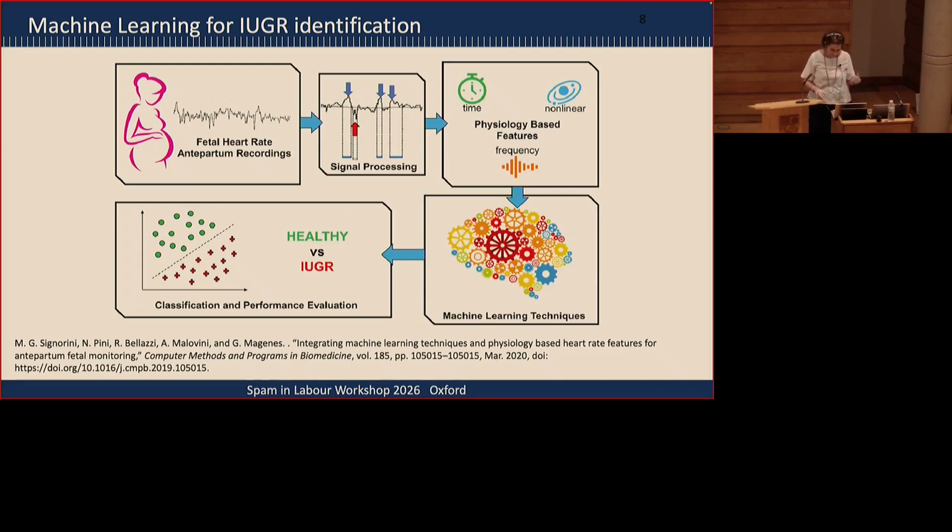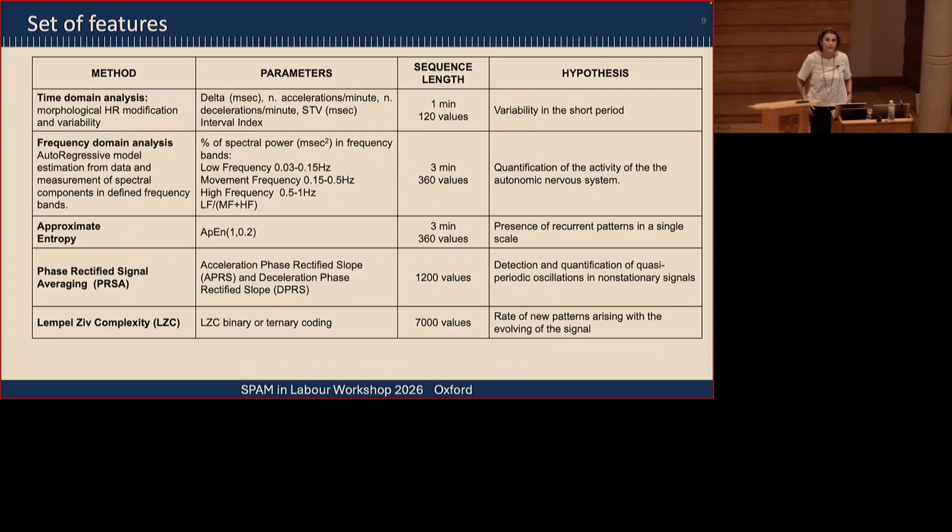This is a summary of what we have done. This is the definition. These are the parameters that we have used. I reported them, even if you know this approach quite well, but I'm always fond of it. Combining together parameters with physiological meaning can help us in the classification.